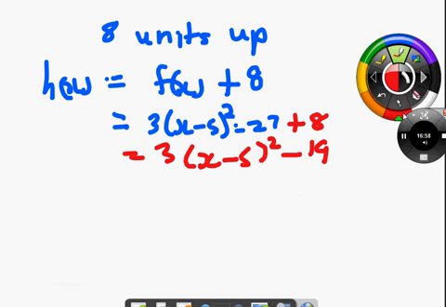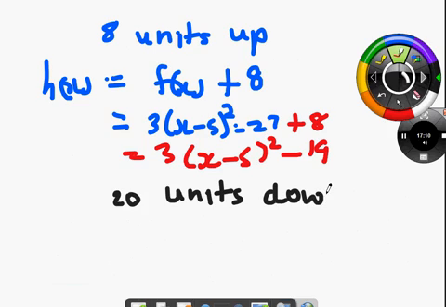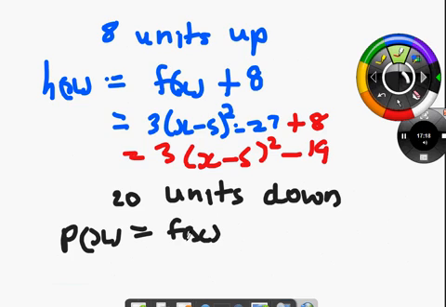The graph can also be shifted down. Let's just say 5 units down, or let's say 20 units down. What would happen there? So this would give us p of x is equal to f of x. Remember, don't put anything with the x, but because it's going down, it's minus 20.